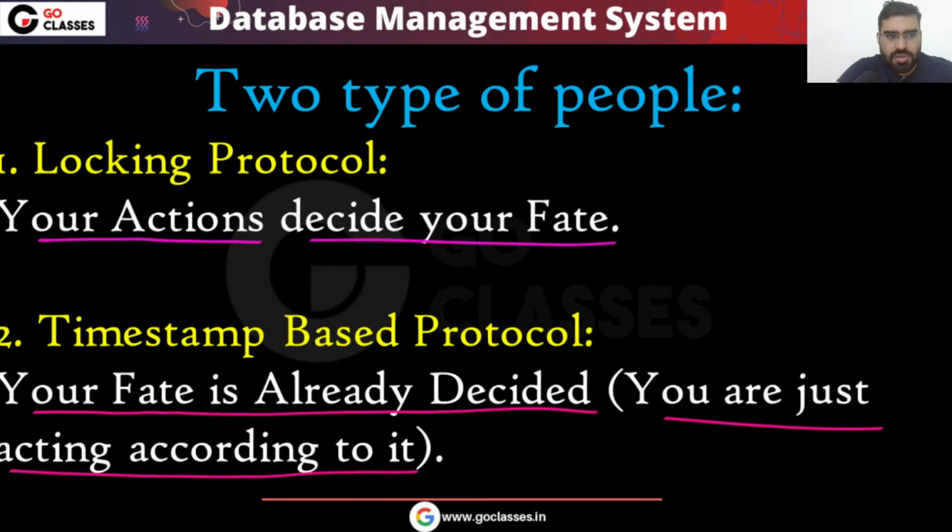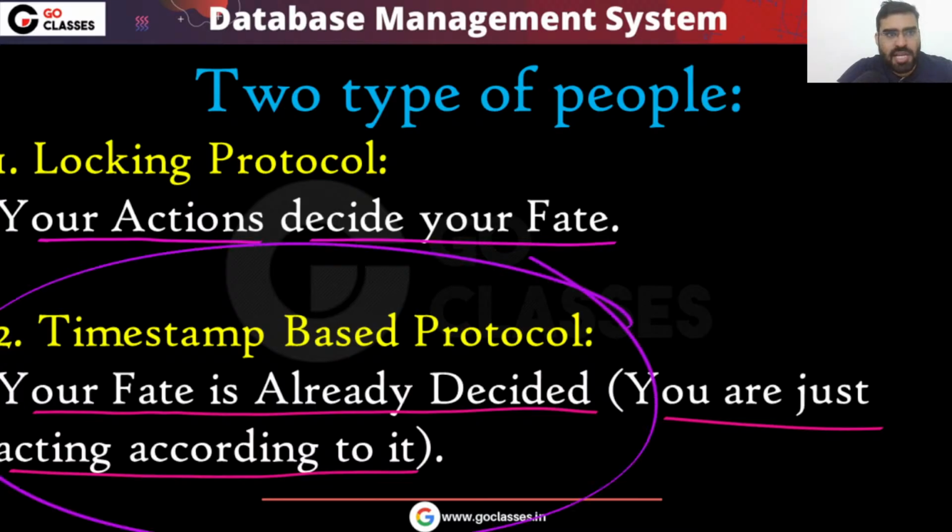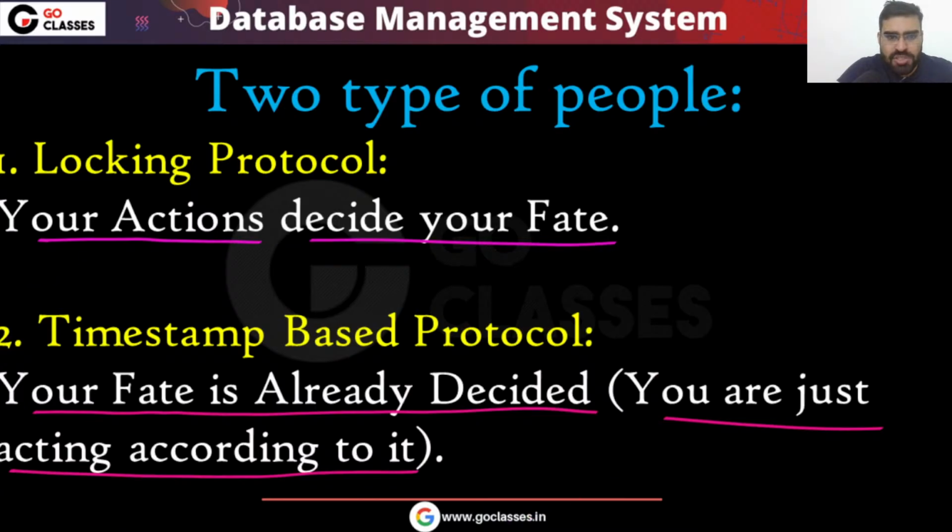So this is our topic, the timestamp protocol. What does it say? It says that when you are born, your fate is already decided. You are just acting according to it.